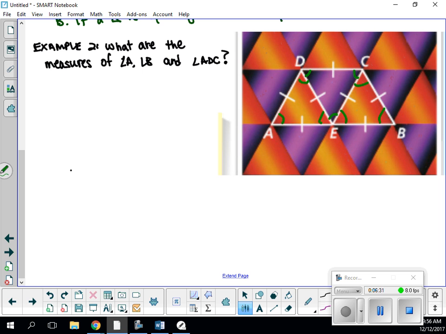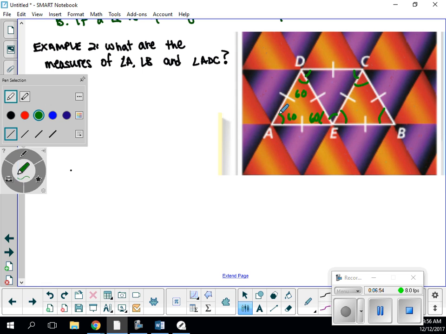What are they though? How many degrees are in a triangle? It's 60. We take the 180, the whole triangle, and divide it by 3, right? Because there's 3 angles there. So in an equilateral triangle, the angles are always going to be 60.